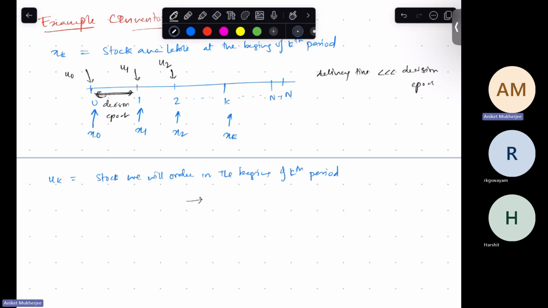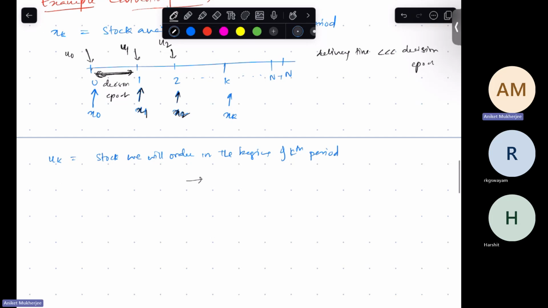Then either at the start of the next day or that evening, you get the state x1, you order, and the next day morning you get u1. Maybe we can model it like that. Then you get x2, and the system evolves in this middle period.